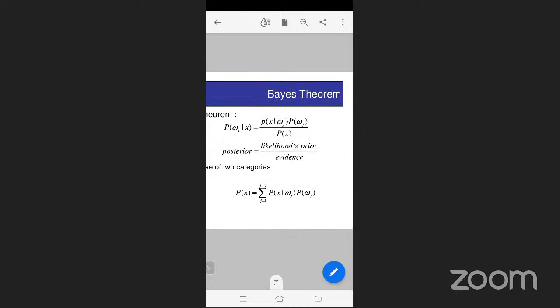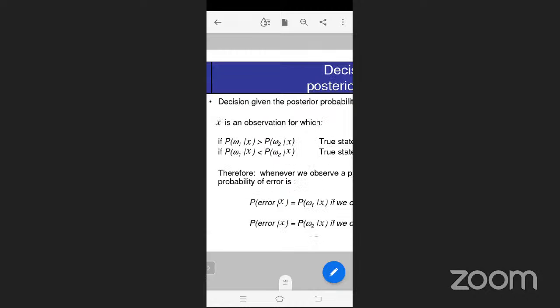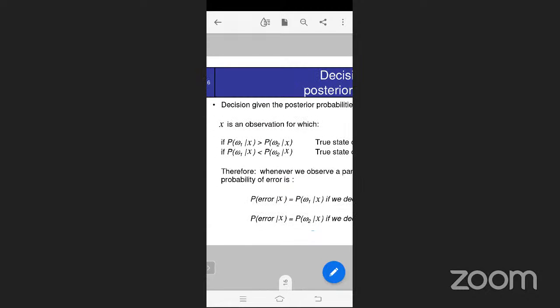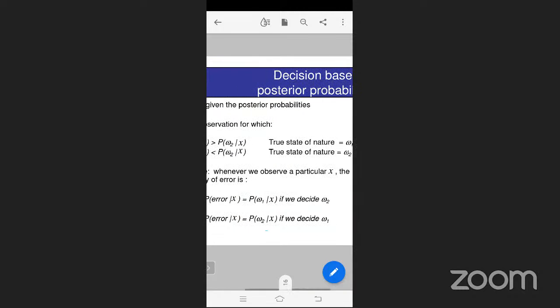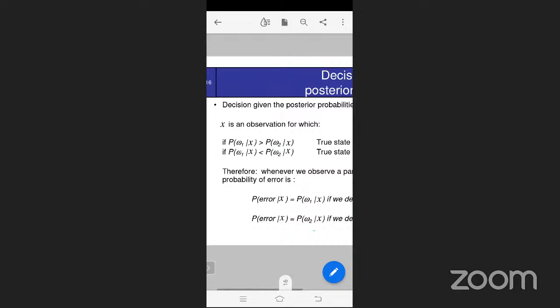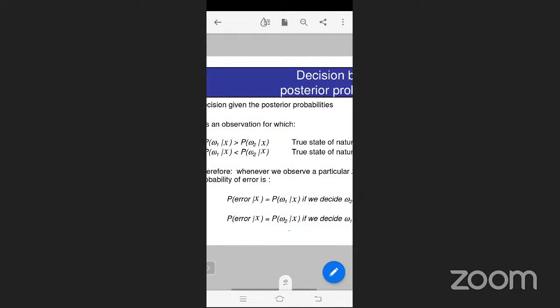And the decision that you make is the following. If P of omega 1 given x is greater than P of omega 2 given x, you decide omega 1. And if P of omega 1 given x is less than P of omega 2 given x, you decide omega 2.